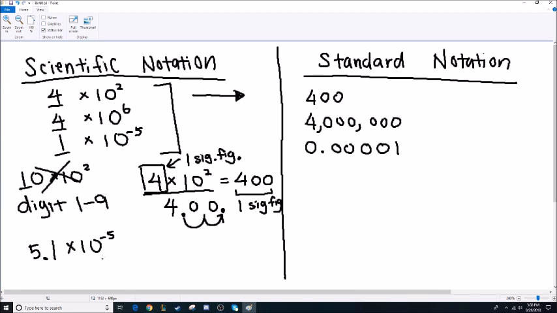In this case, since it's a negative exponent, I know this 5.1 is going to become smaller. The only way for this 5.1 to get smaller is if I move the decimal to the left, so that way my number gets smaller. So I have my 5.1, and I'm going to move the decimal 1, 2, 3, 4, 5. Oops. Erase that.